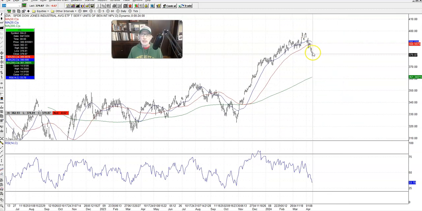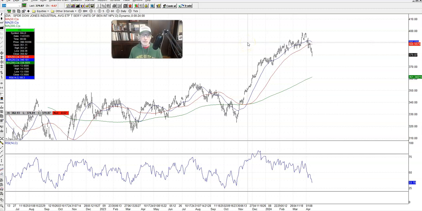You can see how the last 2 weeks, pretty strong selling in the Dow stocks, and it has fallen definitely below the 20-day and 50-day. And you've got the upsloping 200-day lurking down here. RSI coming off a little bit, not completely oversold yet. So the Dow is a little bit weaker. If I wanted to be bullish, I'd be looking more at the NASDAQ and S&P 500. So that's what we pretty much look at.